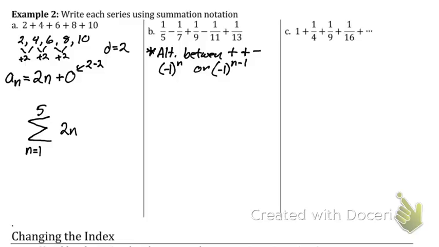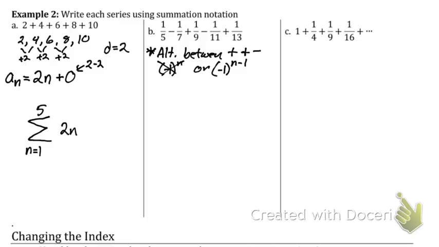Negative 1 to the first power is negative. That doesn't give me my first term being positive, so that scratches out. If I plug a 1 in here, we have 1 minus 1 is 0. Negative 1 to the 0th power is positive, which would make my first term positive. So you're just going to choose between those based upon what your first term is, plugging a 1 in.